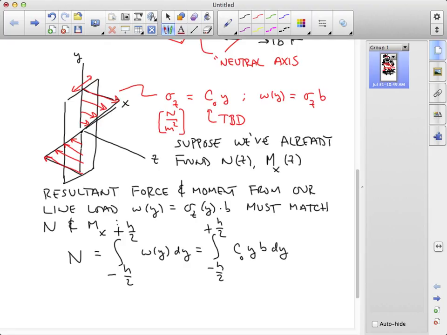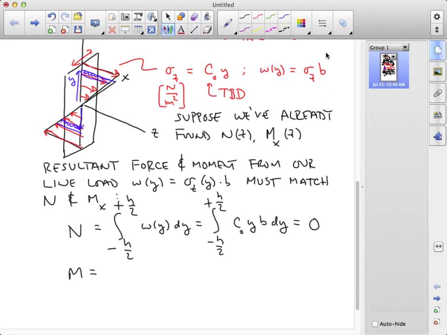But C0 and b are just constants, so we can pull those out, and we get an integral of y dy, which integrates to y squared over 2, and between these limits, this goes to 0. So what that tells us is that our stress distribution as we've sketched it is consistent with pure bending and no axial loads.